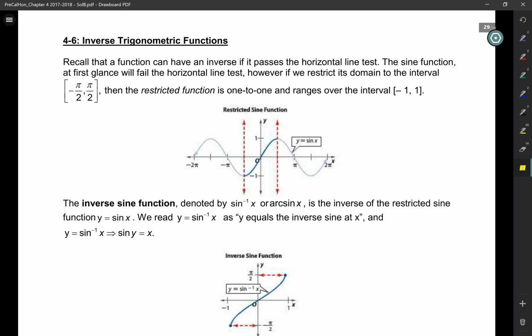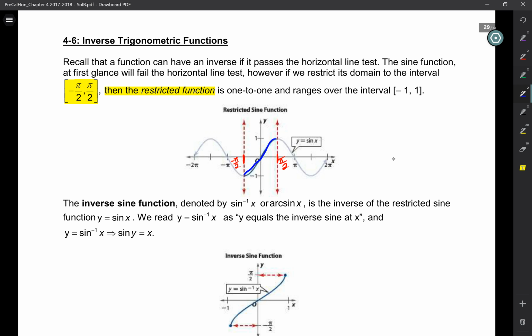horizontal line test. That process, right, is we restrict the domain to just negative pi over 2 to pi over 2. Meaning, this is negative pi over 2 and this is positive pi over 2. If I just take the part of sine x that corresponds to negative pi over 2 to pi over 2, then only that part does pass the horizontal line test.